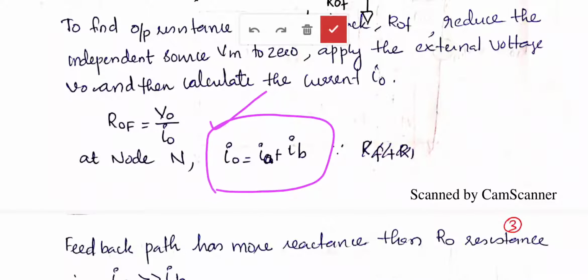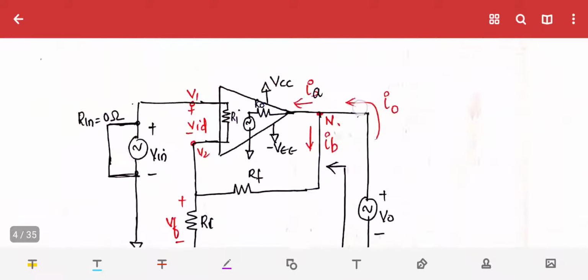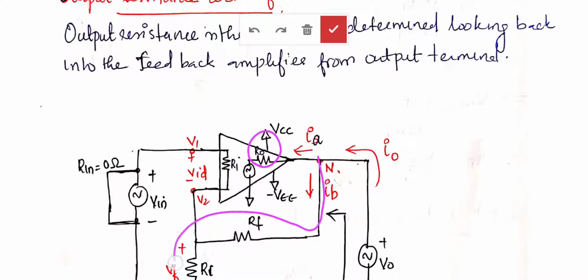So assume that the feedback path has more resistance than RO. You can see here we have a resistance RO, and here the resistance is the feedback network RF and R1. So we are assuming that the feedback network has more resistance than RO.